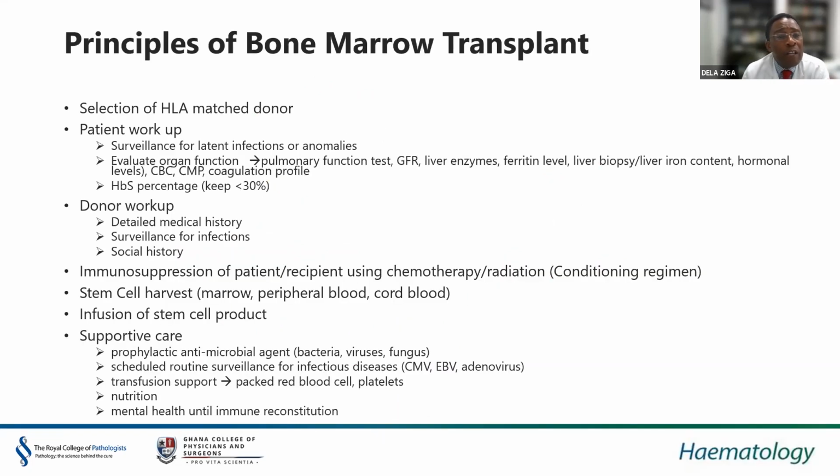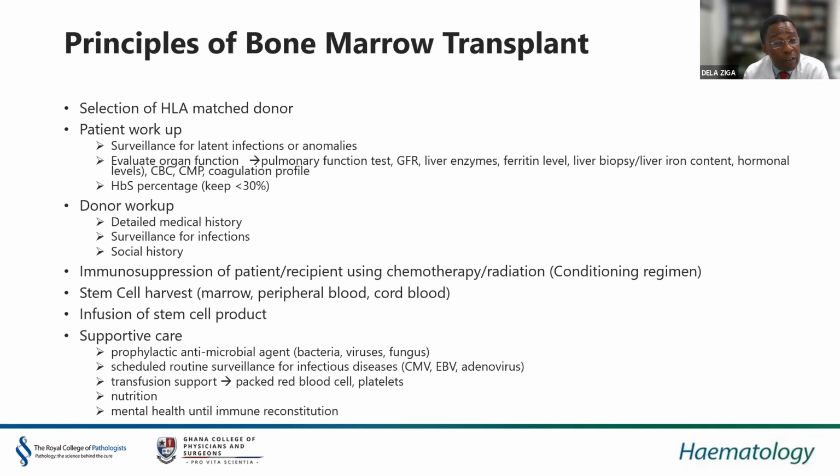The principles of bone marrow transplant: this process begins with selection of a donor. Patient and donor go through an intense workup, including blood work and scans of the brain, the chest, the abdomen, and the pelvis. That's for the patient, to surveil for any latent infection.